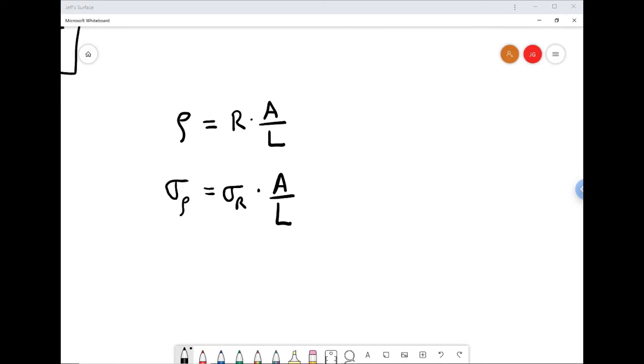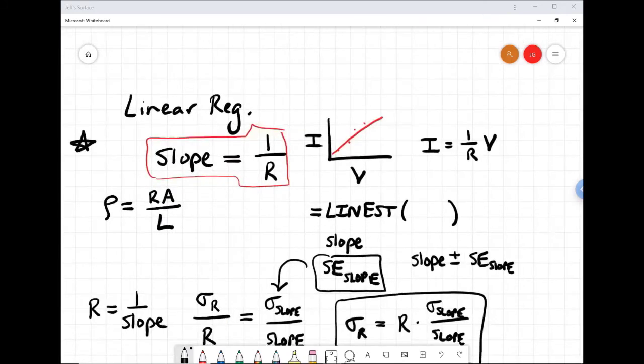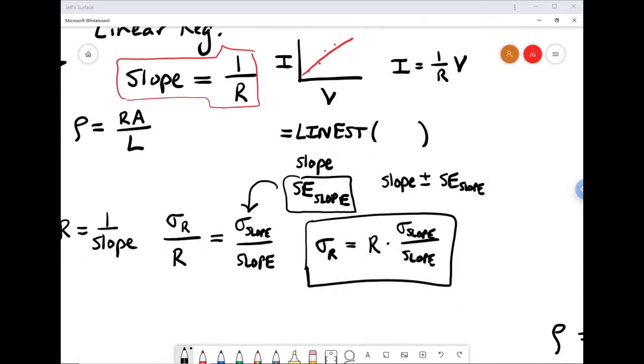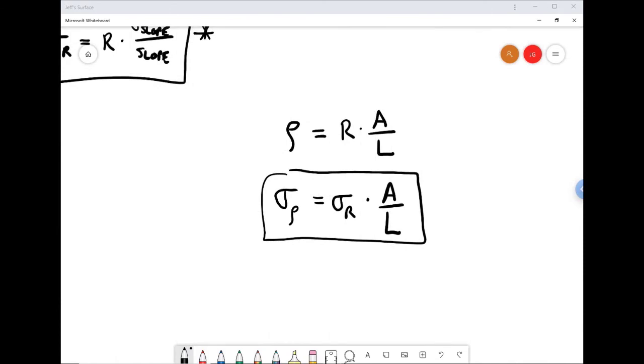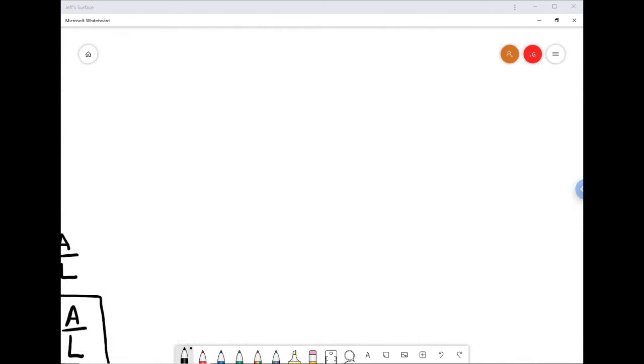All right, so once you find sigma R from this relationship right here, you'll be able to find sigma rho. All right, one more thing. What about percent error? This is what I want you to do in the last part of this.